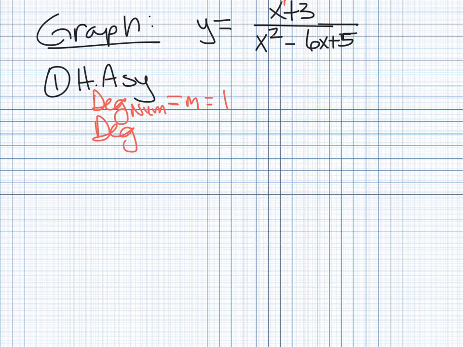The degree of the denominator is our n, which is equal to 2. Our m is less than our n, therefore we're going to have a horizontal asymptote at y equals 0.